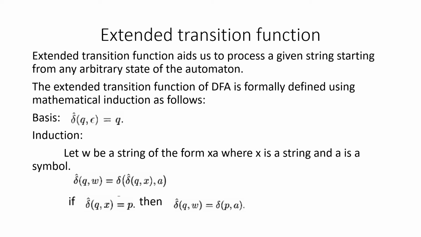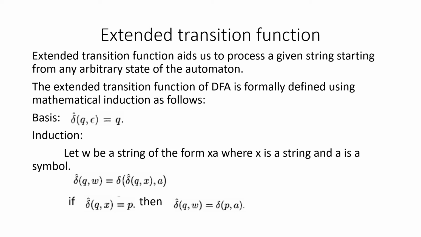To differentiate the normal transition function and the extended transition function, we make use of a cap symbol, right? So the extended transition function helps us to process a given string starting from any arbitrary state of the automaton.